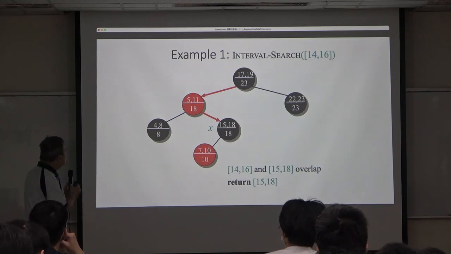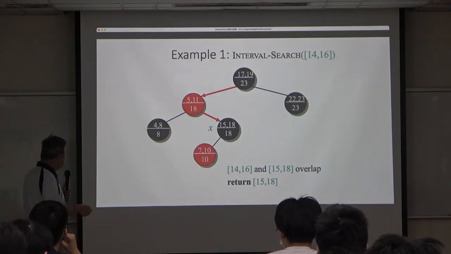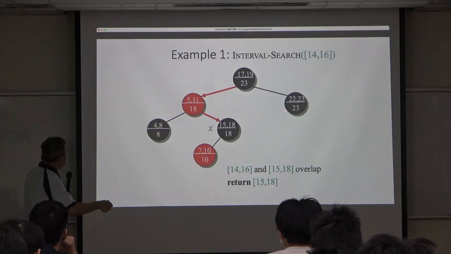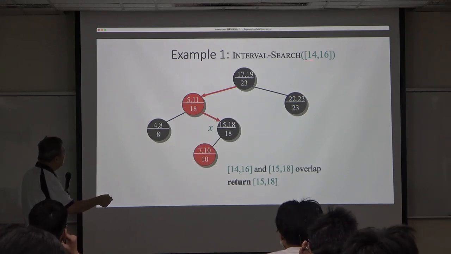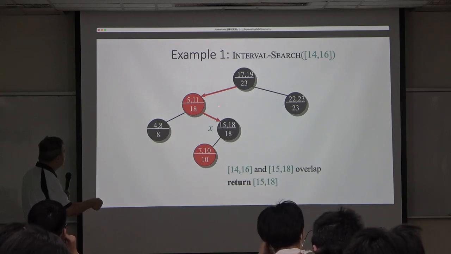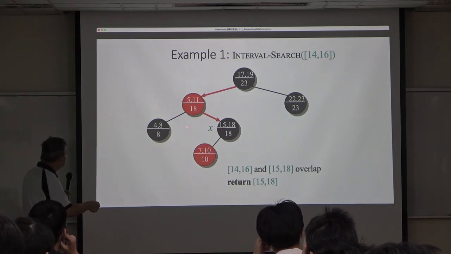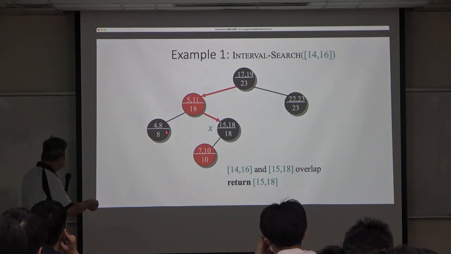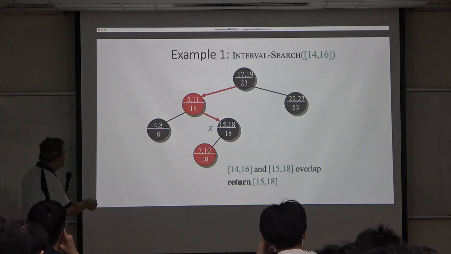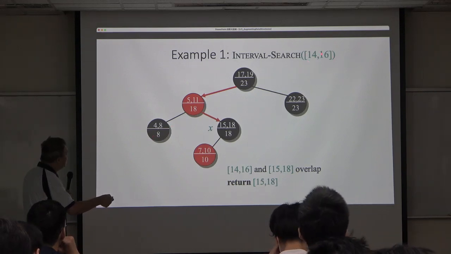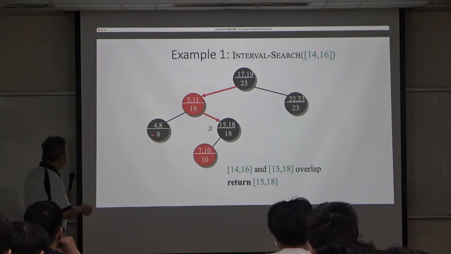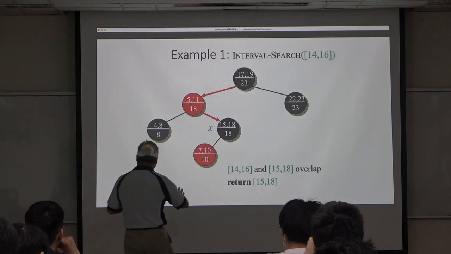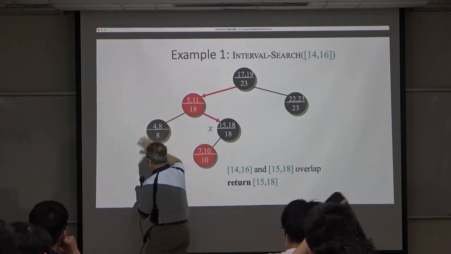Now let's look at the other case. 14, 16 and 5, 11 don't overlap. Then you check the max value, which is 8. 8 is smaller than the left endpoint 14, so there's no interval in here.